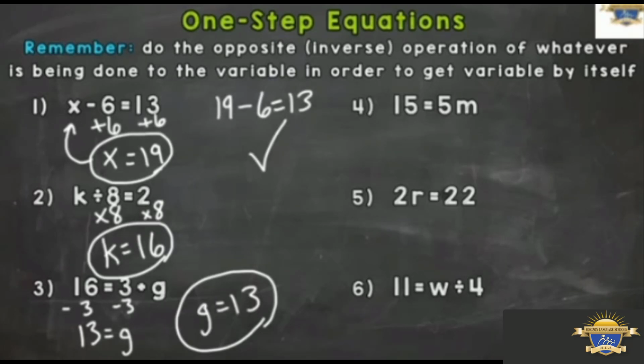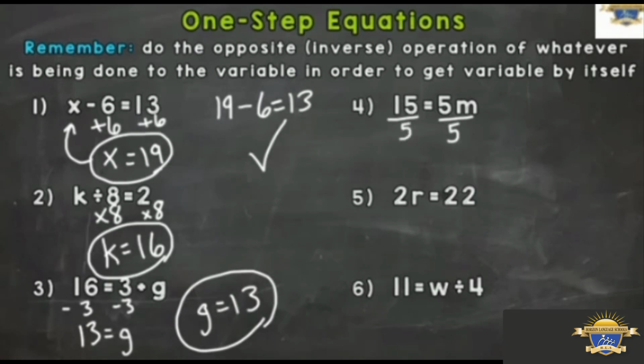Number 4, we have 15 equals 5m. Now, a number right next to the variable, or a letter, means multiplication. So m is multiplied by 5 here, so the opposite of multiplying by 5 will be dividing by 5. Now that gives us m by itself.